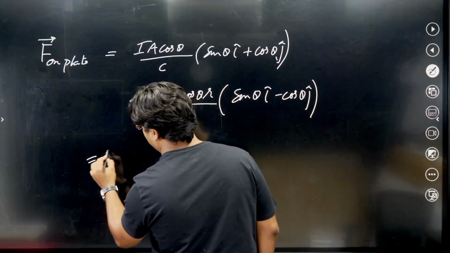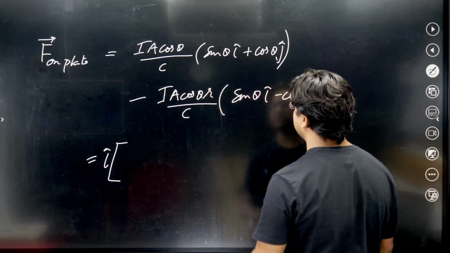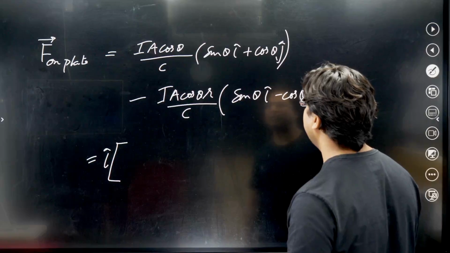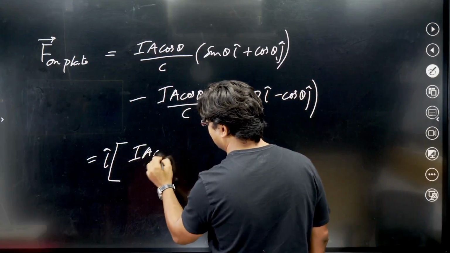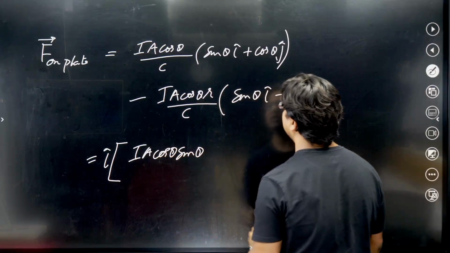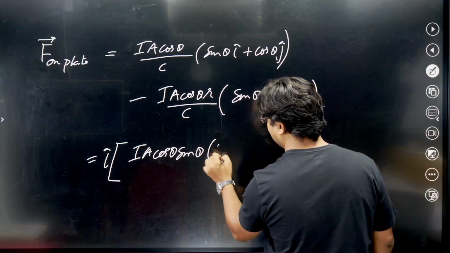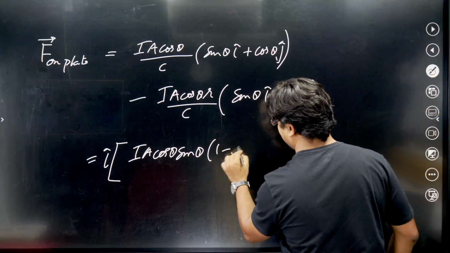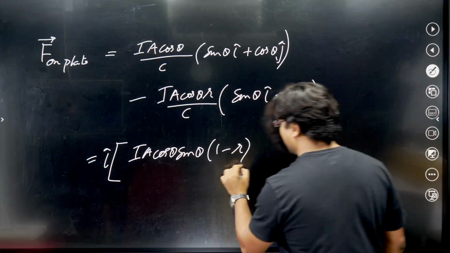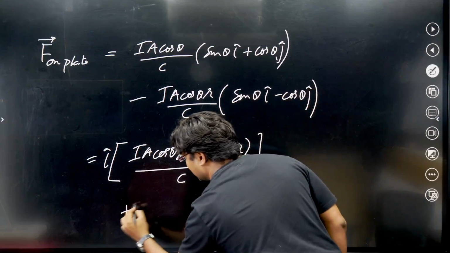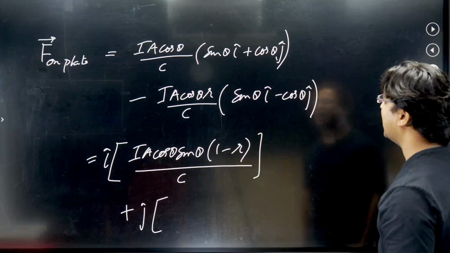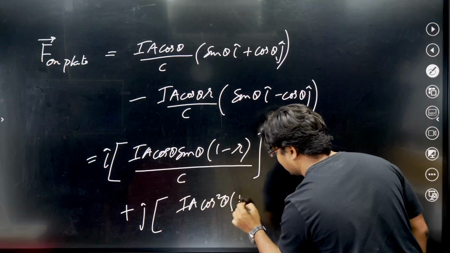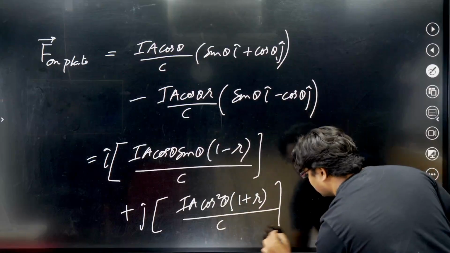Now you can collect the coefficient of I cap. If I collect the coefficient of I cap, I can see that it would be IA cos theta sine theta into 1 minus R by C. And if I collect the coefficient of J cap, it would be IA cos square theta into 1 plus R by C. That's it.